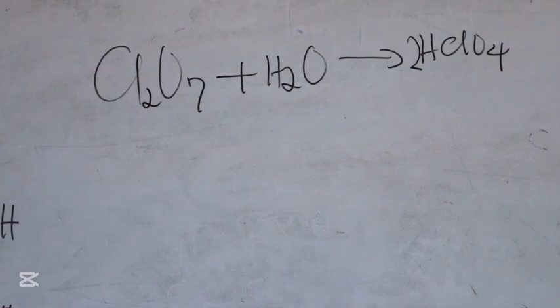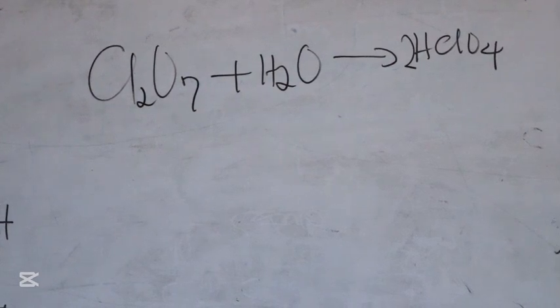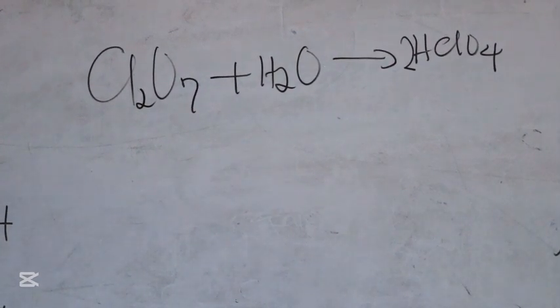What is the name of the product formed? Tetraoxochlorate 6.